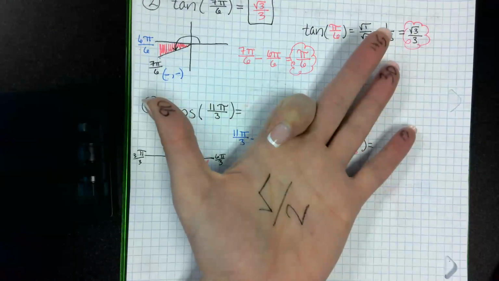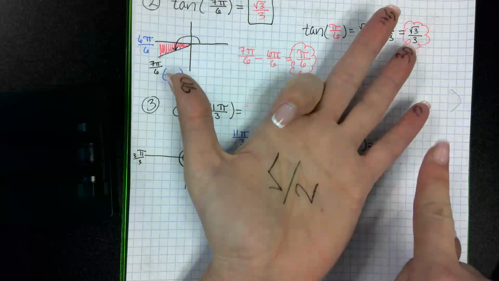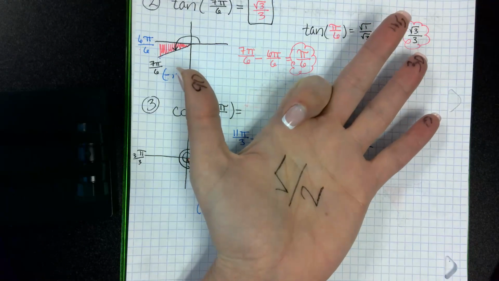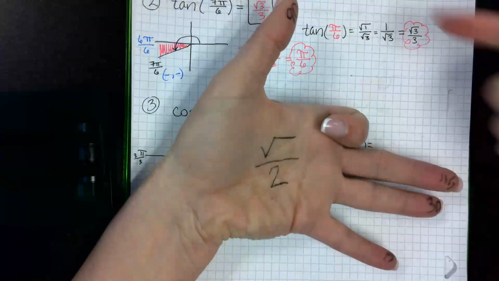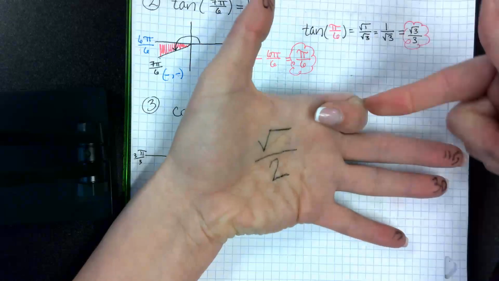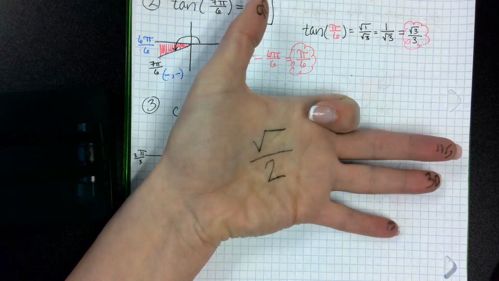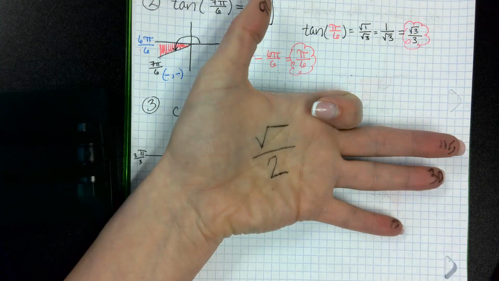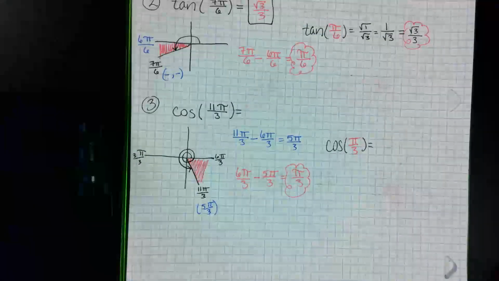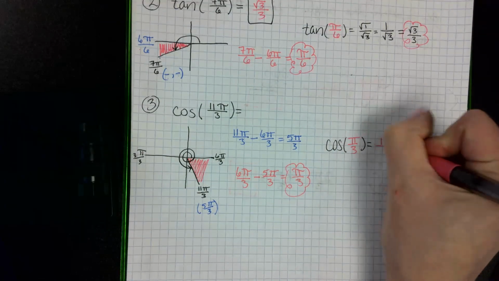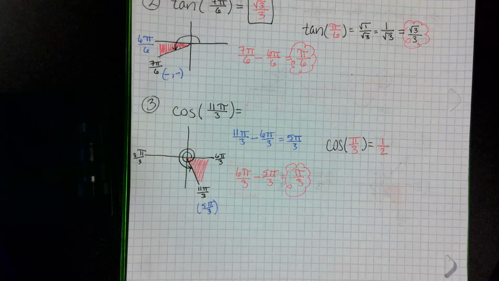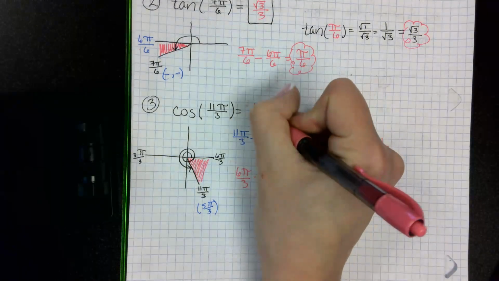Remember, if you do it this way, it's x, y. The same way you write your xy coordinates is cosine, sine. So cosine is up here. There's one finger above my folded-in finger, so one goes into my formula, square root of 1 over 2. Square root of 1 is 1, so this is 1/2. So I know this is also 1/2.